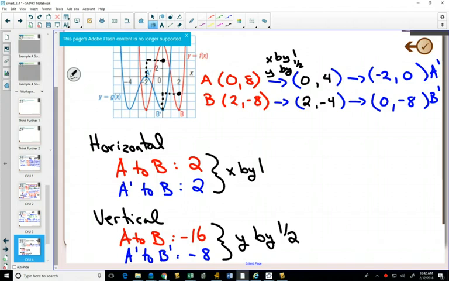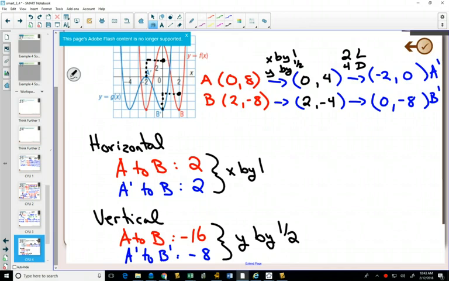How would I go from 0 to -2 and from 2 to 0? What would I have to put here? Left or right? And how many? 2 to the left. And to go from 4 to 0 and -4 to -8? How many down do I have to go? 4 down. On the grid, be careful, right? Because on the grid you count 2 spaces and you'll want to say 2.